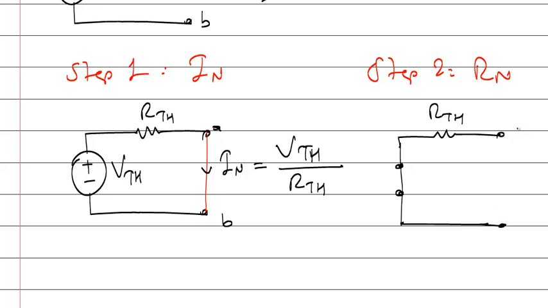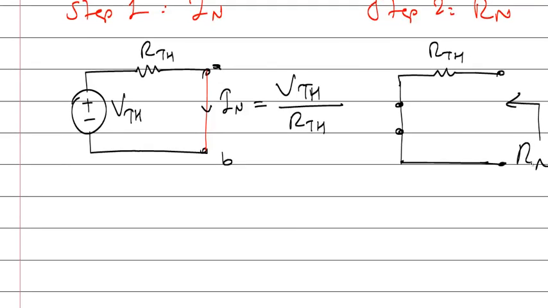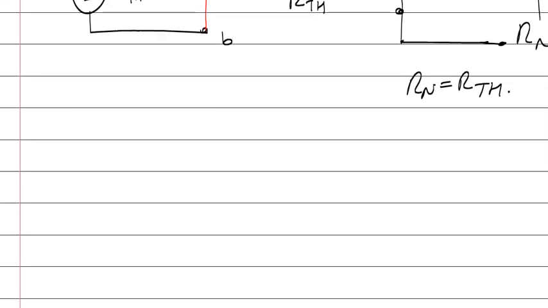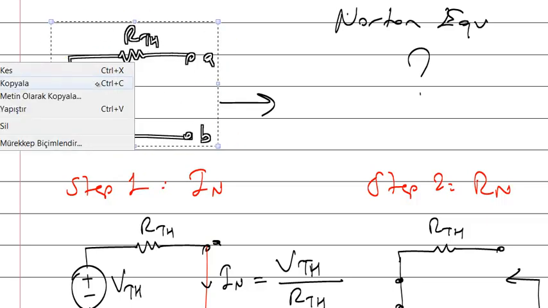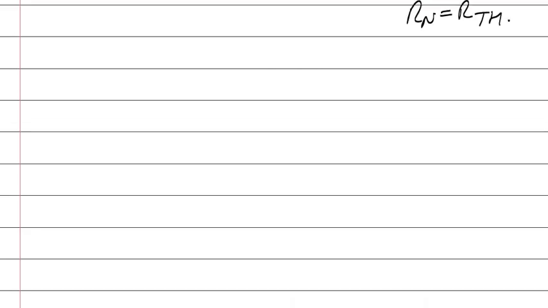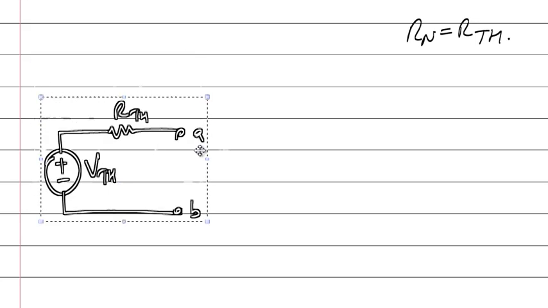Okay. And the total resistance that we can see here is R Norton, which is equal to R Thevenin. So this is my actual circuit. I have calculated the Norton equivalent of that circuit.